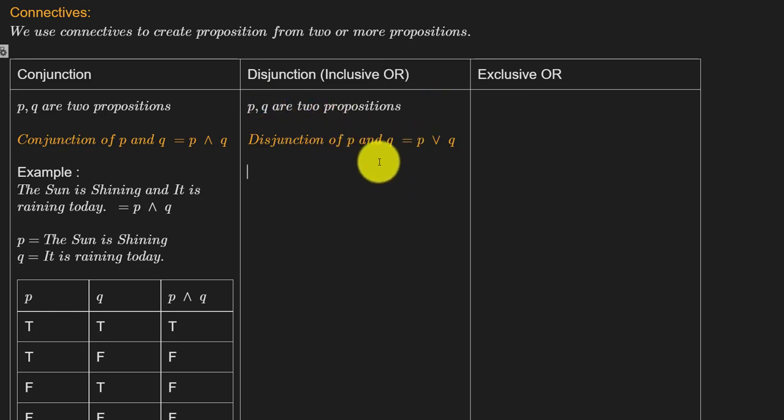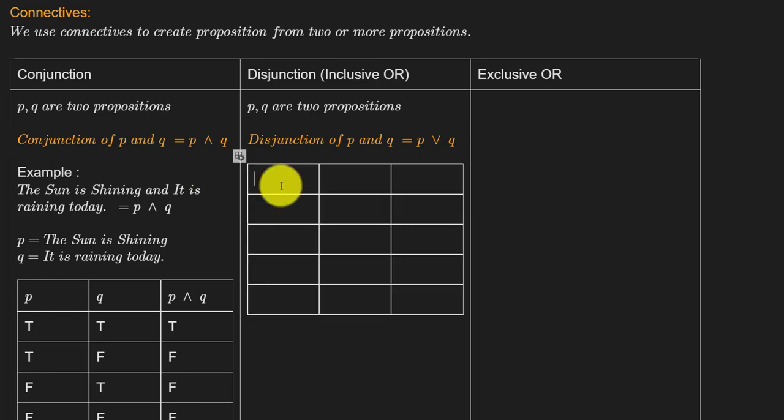This is called inclusive OR. What type of places we use inclusive OR and what type of places we use exclusive OR, we will see that. Let us try to build that truth table first, then we will talk about the difference between these two.